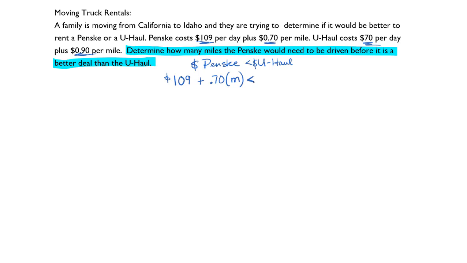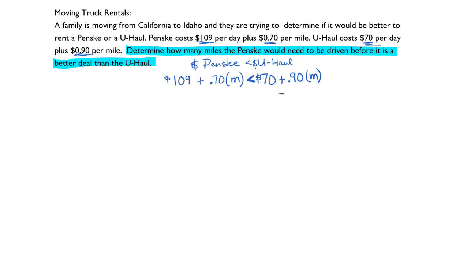We want that cost to be less than the $70 per day for rental plus 90 cents per mile. To solve this inequality, we're going to take the cost per day off both sides. So I'm going to bring anything with M, the miles, to the left, and anything that is the daily fee to the right.